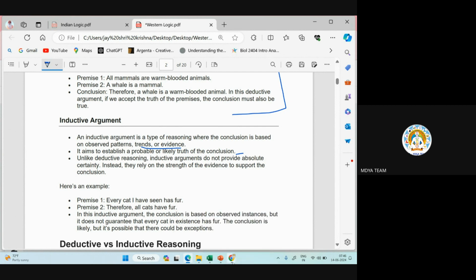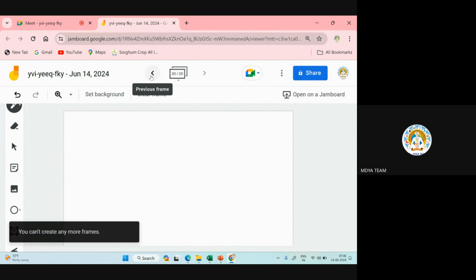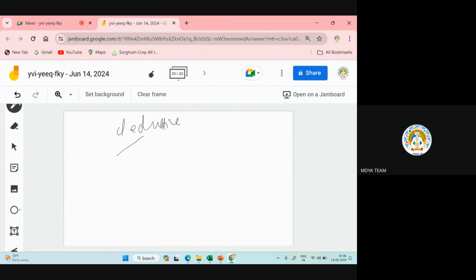Now, see. Deductive argument: it will be true or false. And inductive argument?